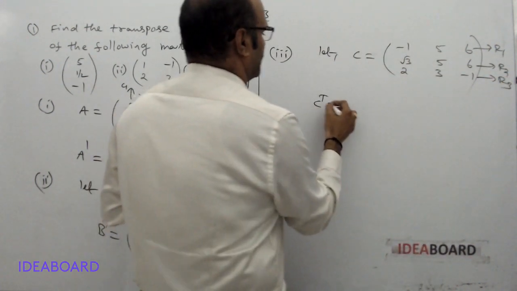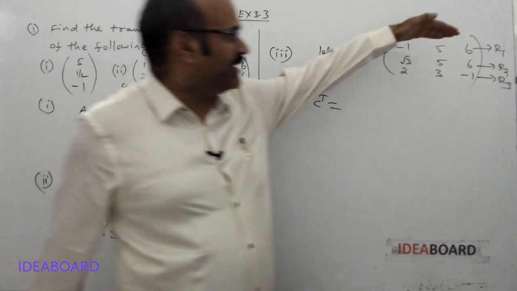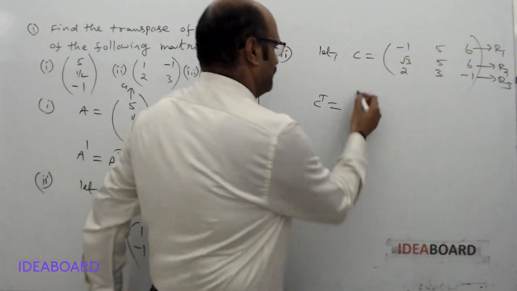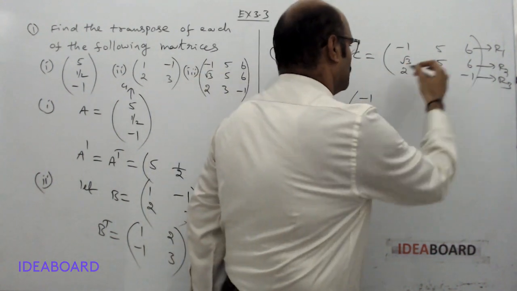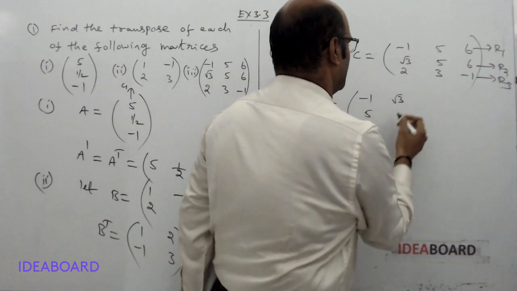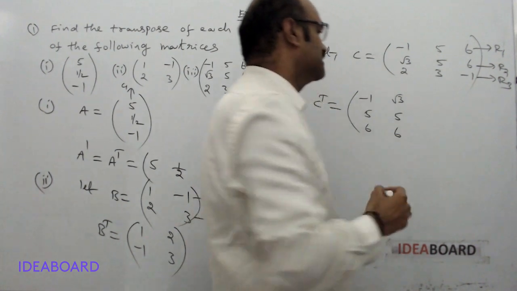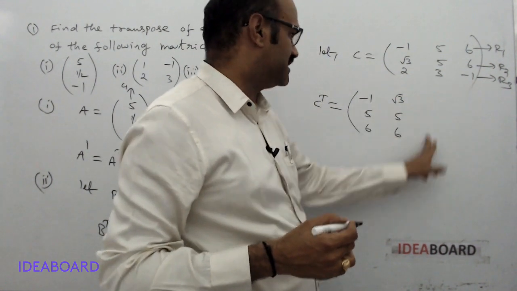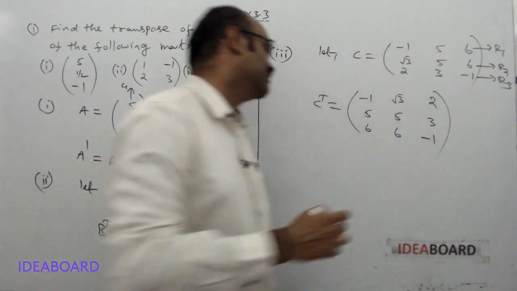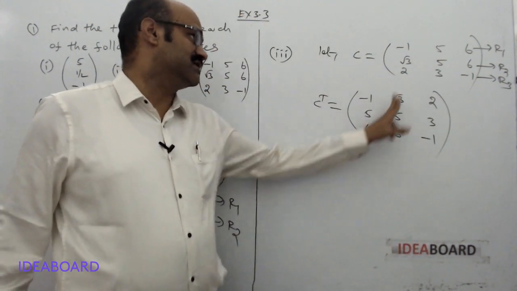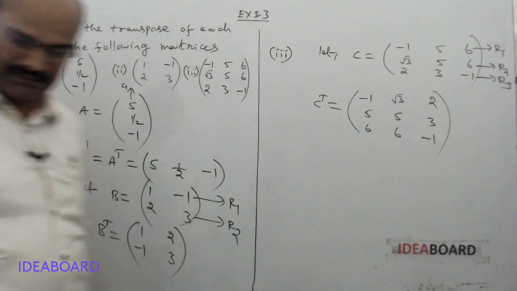Now C transpose equal to: write R1 into C1, it implies minus 1, 5 by 6. Write R2 into C2: root 3, 5 by 6. Write R3 into C3: 2, 3, minus 1. Therefore, this is the transpose of this given matrix.